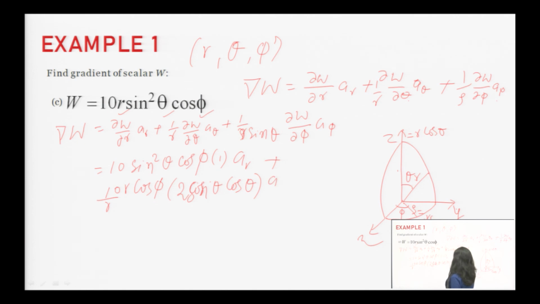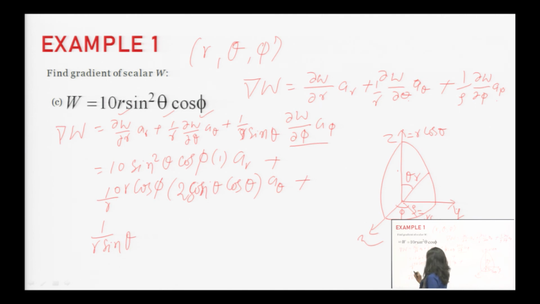This will be multiplied by the unit vector a theta, plus, in the third term we need to differentiate this w term with respect to phi, so all other quantities except phi will act as constants and will come as they are here, but before that we need to write this coefficient also. So this is 1 by r sin theta.